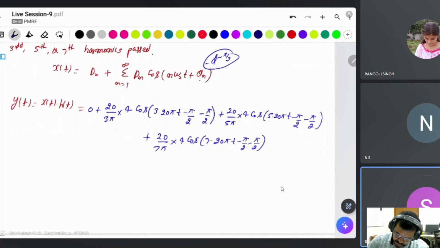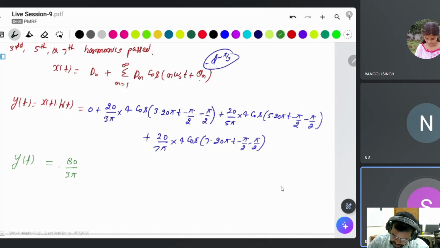Then what is the final y(t)? This will be 80 by 3 pi cos of theta minus pi. Here pi is equal to 180, it means cos of 180 minus theta is equal to minus cos theta.